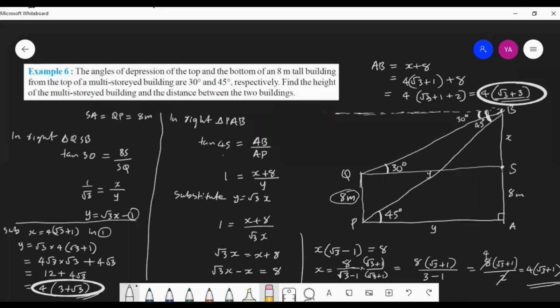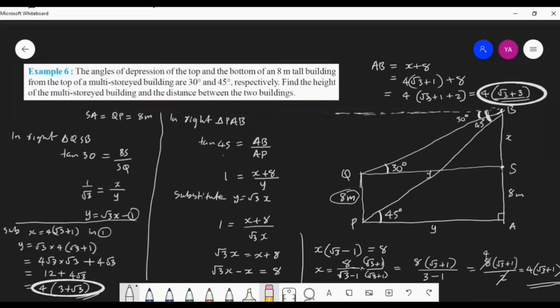That is the distance AP between the buildings. We also need the height of the multi-storied building, AB, which by our naming is x plus 8. So 4 root 3 plus 1, the value of x, plus 8. Adding these, we get 4 into root 3 plus 3.